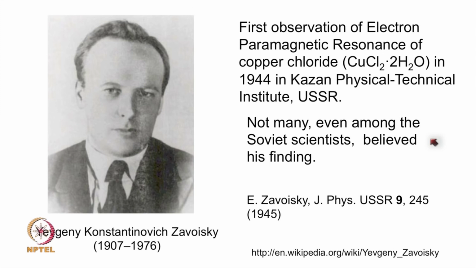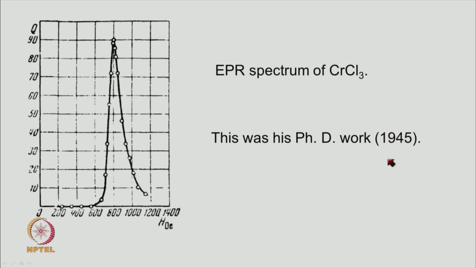Not many people believed his finding, not even Soviet scientists. He published his work in 1945 in a Russian journal. So, it took time before it was noticed by the international scientific community. Nevertheless, this was his PhD thesis work, and he got his PhD in 1945. This is one EPR spectrum that is recorded in chromium chloride.